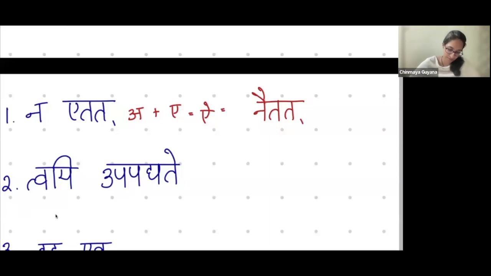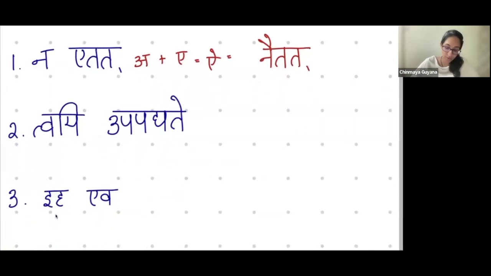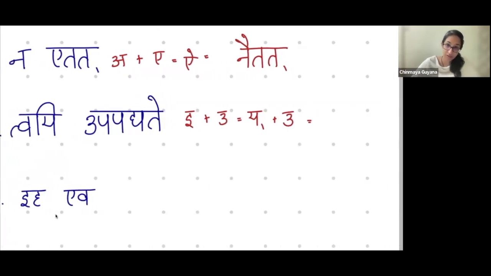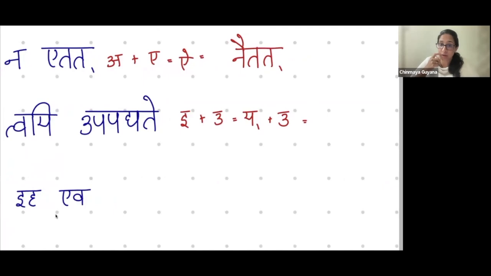Okay, next. Tvayi upapadyate. E plus U equals Ya halant plus U. So the answer is going to be Tvayupapadyate.